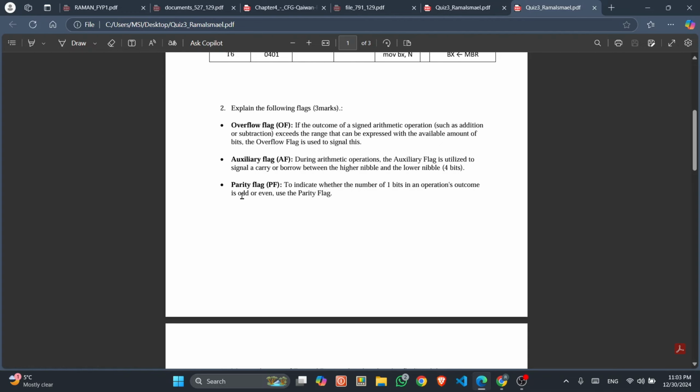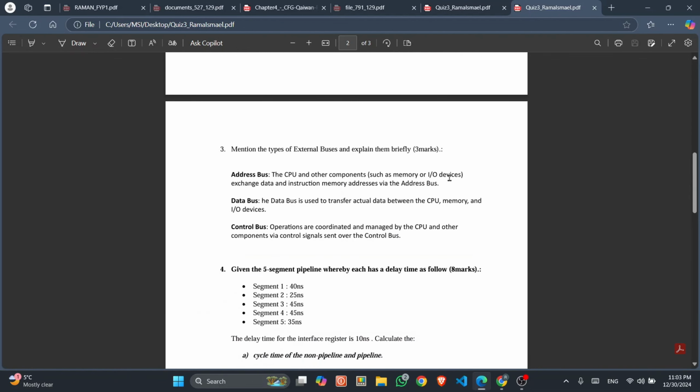So with the parity flag, we can indicate whether the bit count is odd or even. But with the auxiliary flag, we can use it to carry or borrow between the higher nibble and the lower nibble, and it's used in 4 bits.